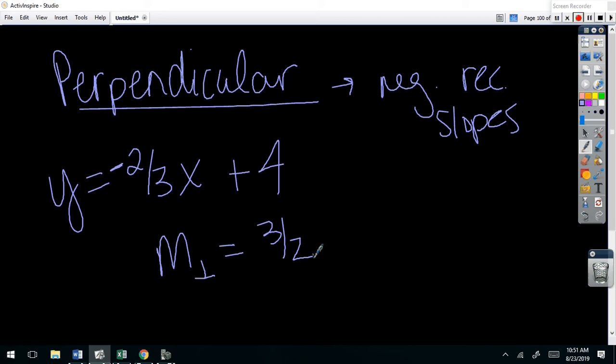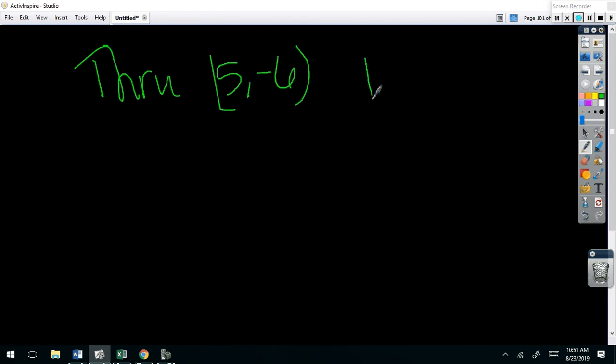Try this. Write the equation of the line that goes through the point 5, -6 and is perpendicular to the line y equals 3/2 x plus 7.